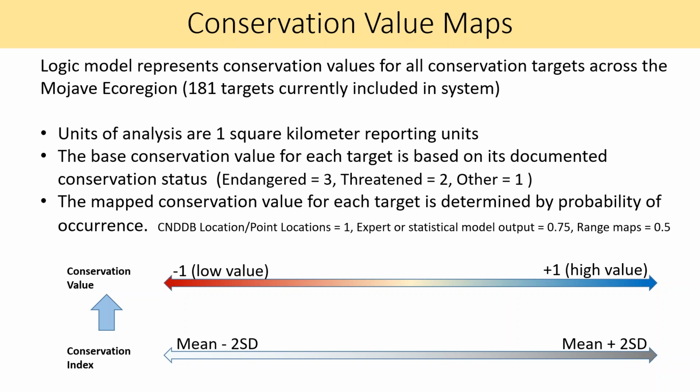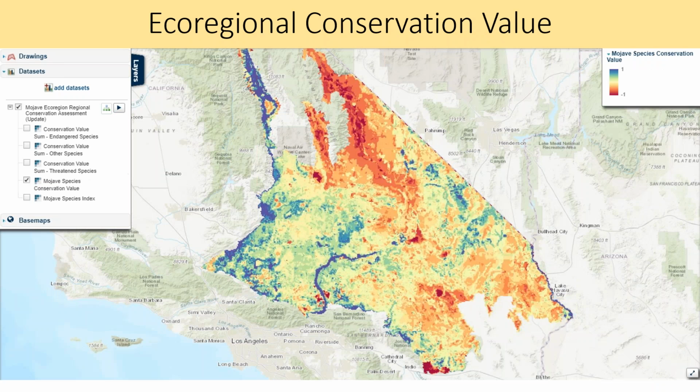And so each of the different targets will have that conservation value for that target across the surface, and then those are being stacked on top of one another, and then being normalized to show the ramp of where there's greater conservation value and less. And so this was the map that we showed in the beginning, for the 181 targets.